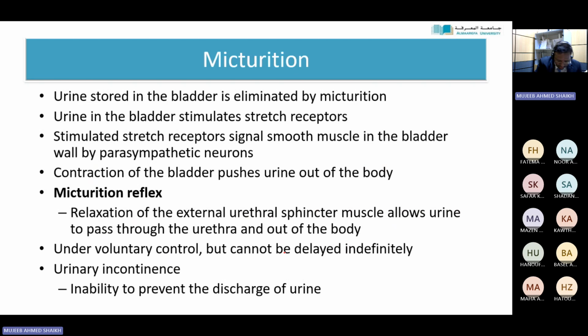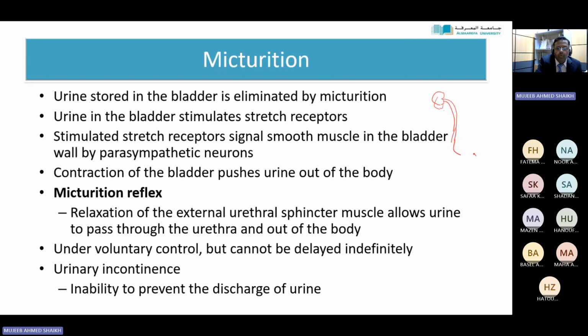Okay, coming to the next topic, the second topic of today's lecture, is the micturition reflex. What is meant by micturition? If you remember the renal system, it has kidneys and ureters.